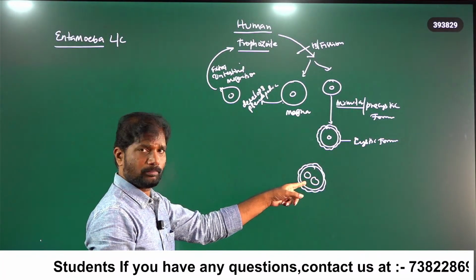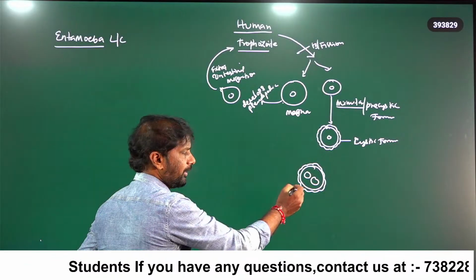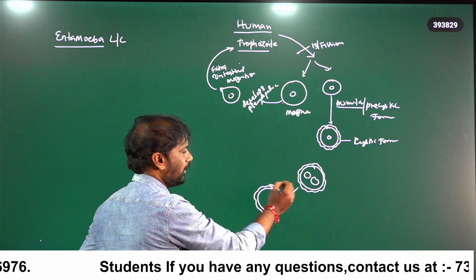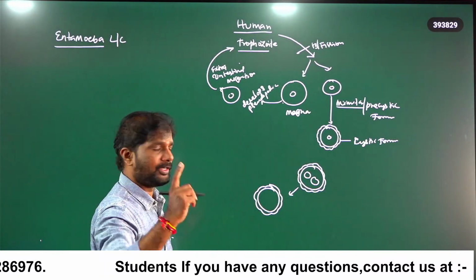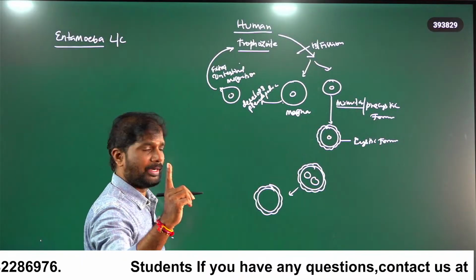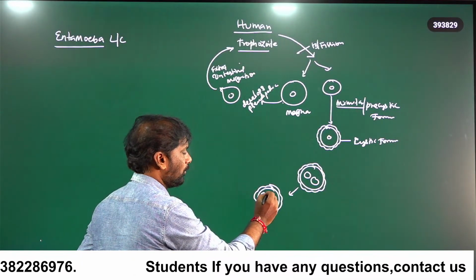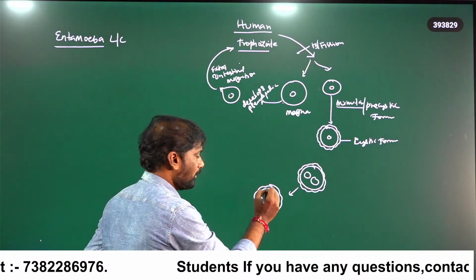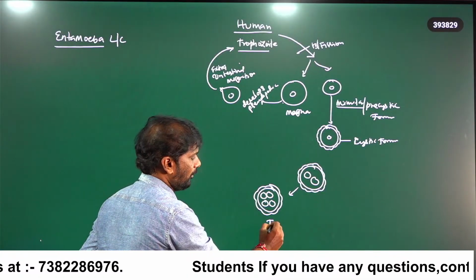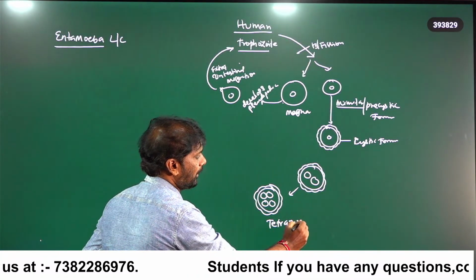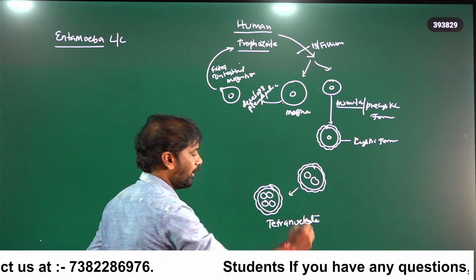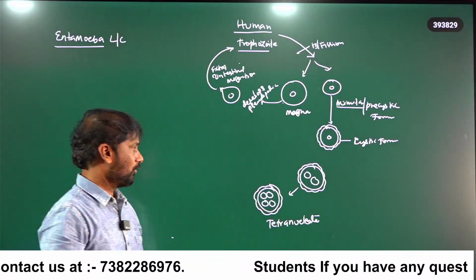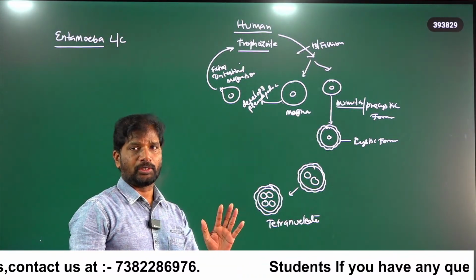Then each daughter nucleus undergoes another mitotic division, and each nucleus forms two daughter nuclei. So now this cystic stage is known as the tetranucleate stage. So what is that? Tetranucleate stage means 4 nuclei are present. That's why you can say that it is a tetranucleate stage.